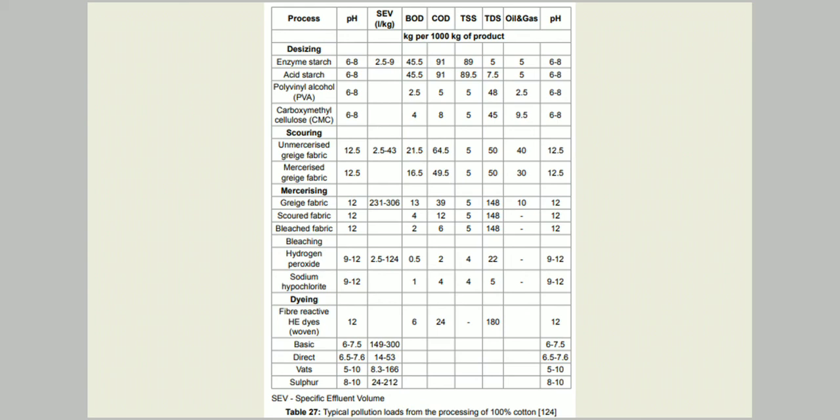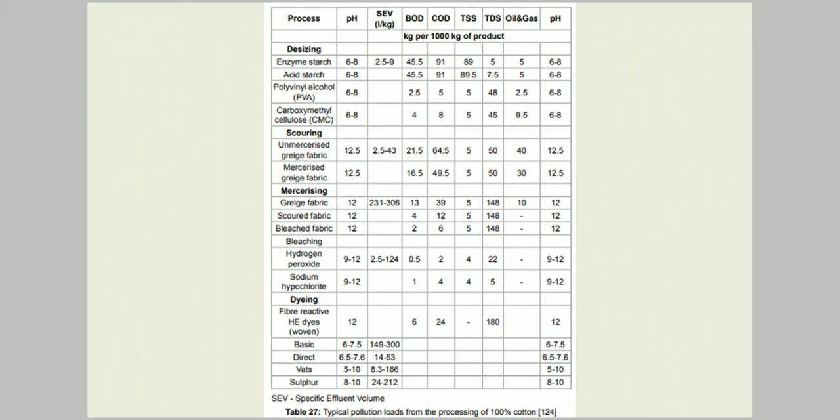So the pH is alkaline in nature, and the specific effluent volume is about 2.5 to 43 liters per kilogram. BOD is around 21.5 for unmercerized greased fabric and 16.5 for mercerized greased fabric. The other parameters also vary, and it is high in the case of unmercerized greased fabric.